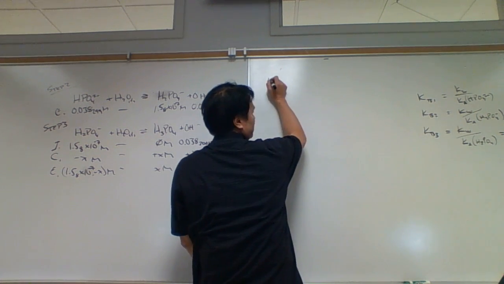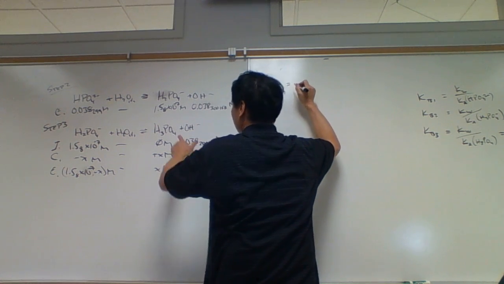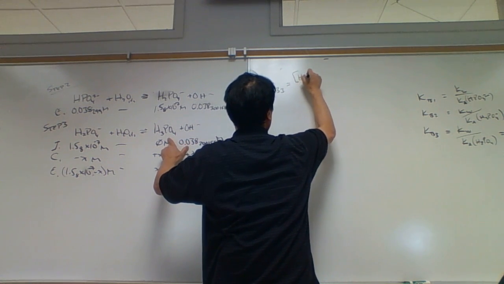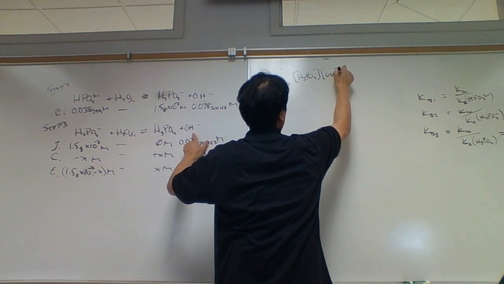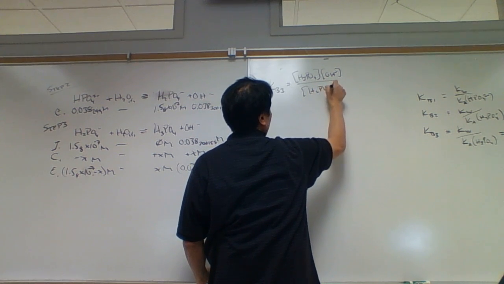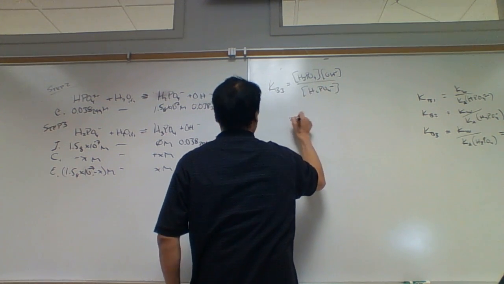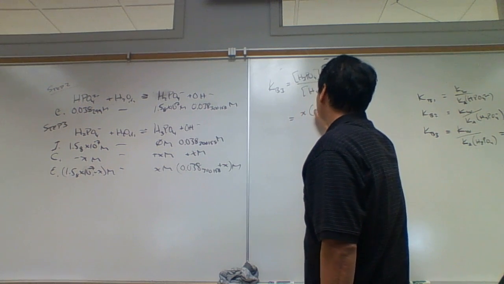On tests and stuff, you should write the KB3 expression in case there's some math error. You would get more partial credit. And so how did you solve for x?